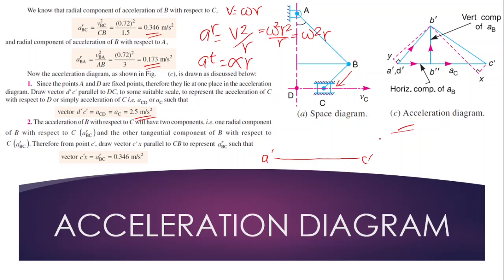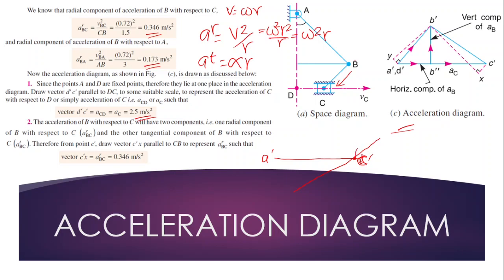Then we can draw the line of action of that radial component, and that radial component must be parallel to BC, and must be in the downward direction.